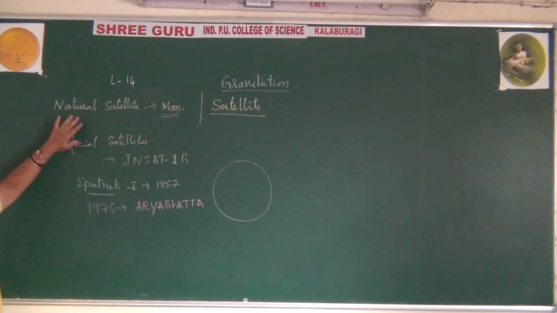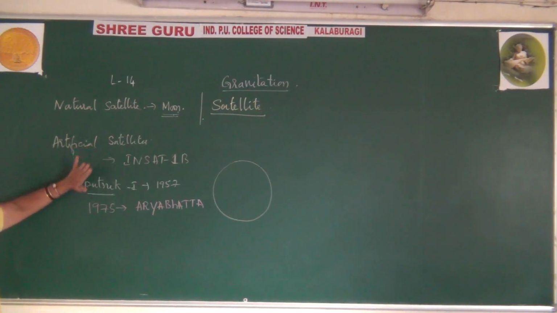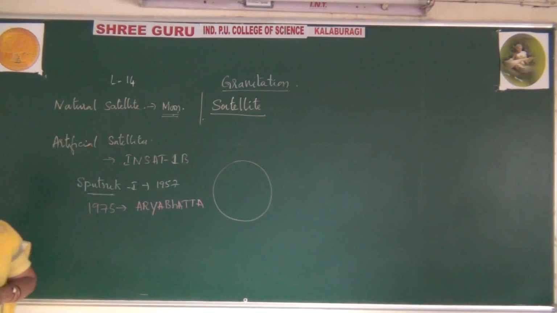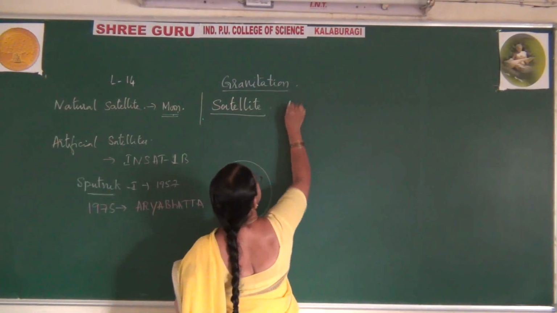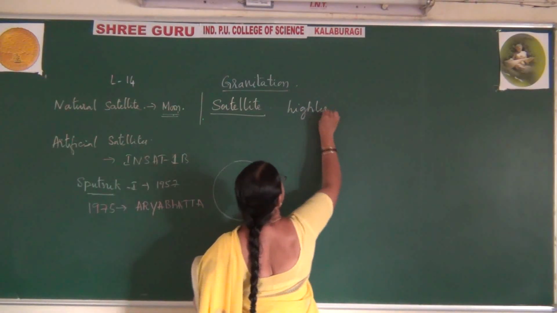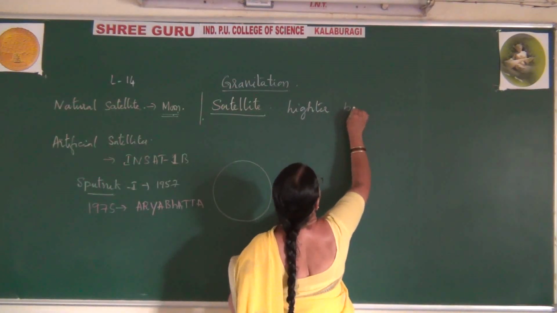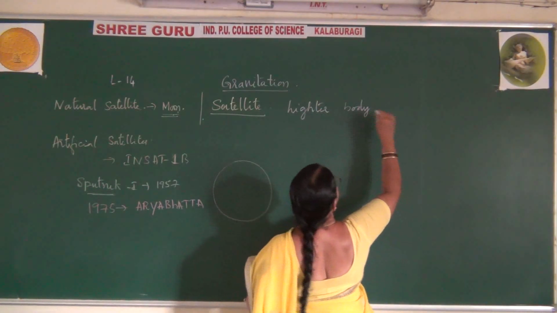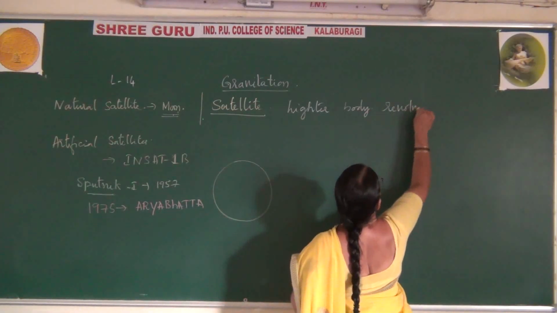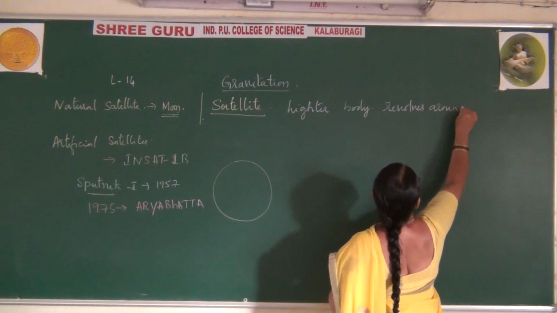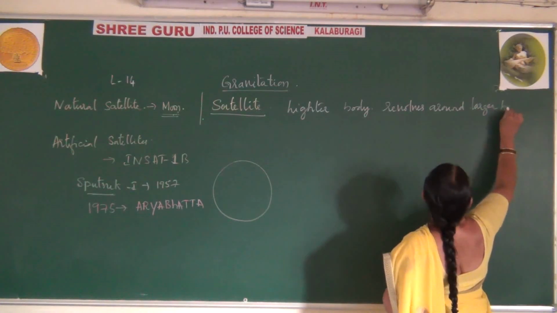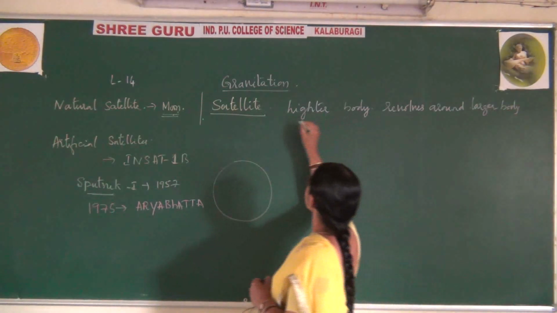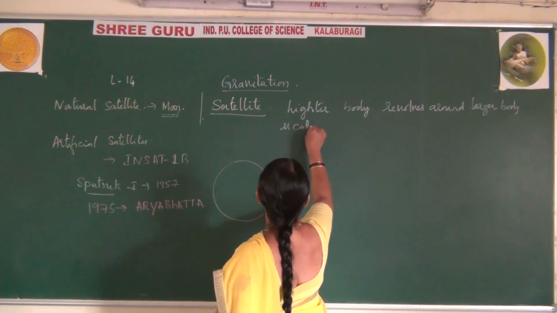So now I think you are familiar with what satellites are, right? Now let me define a satellite. A lighter or smaller body which revolves around a larger body is called a satellite.